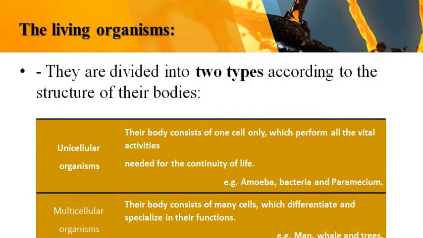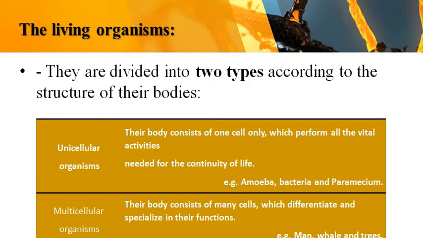Also, we have multicellular living organisms, which consist of more than one cell, and these cells are differentiated and specialized in their function. So we have two types: unicellular living organisms, which consist of one cell, and multicellular living organisms, which consist of more than one cell.